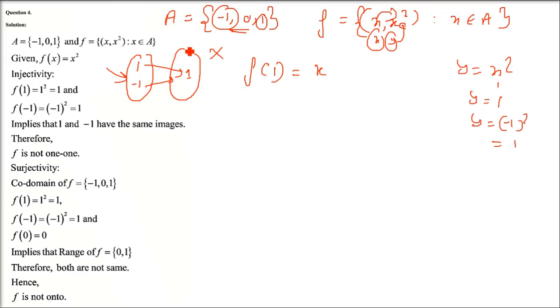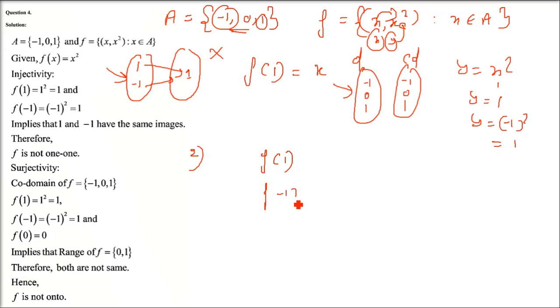Okay, now let us check about the codomain and domain, because we are going to check about the onto. So what do you see here? Again, let us check for the function. We know function f(x) is x square.